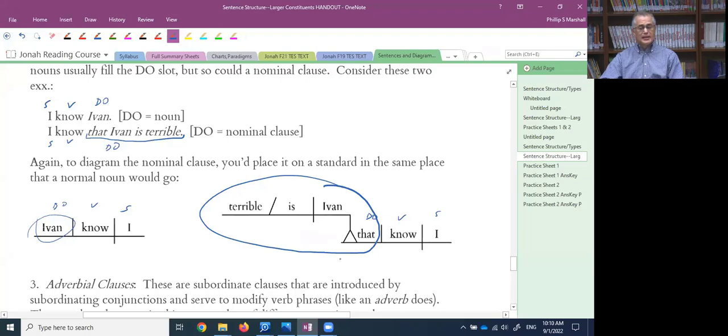In order to put it there, I have to push it up on the standard and give it its own baseline, because a nominal clause is a clause and all clauses have baselines. So this is the main clause baseline, and this is the dependent clause baseline, right?